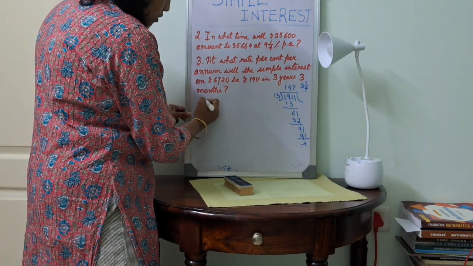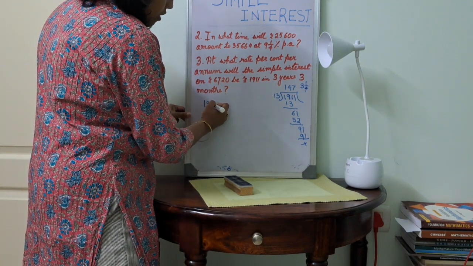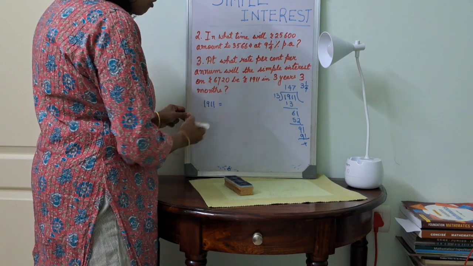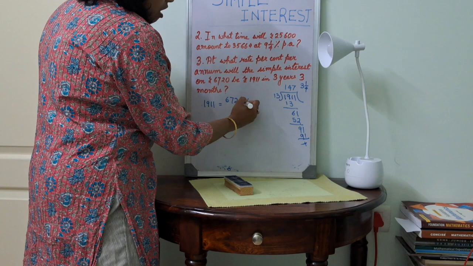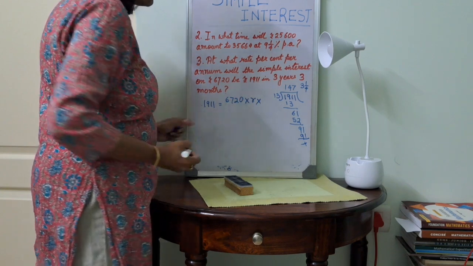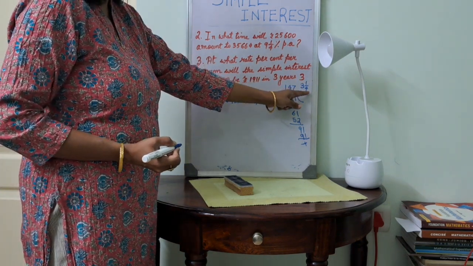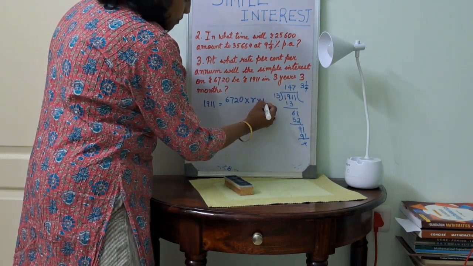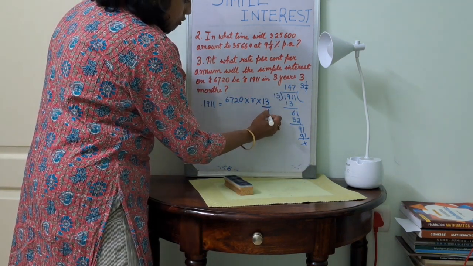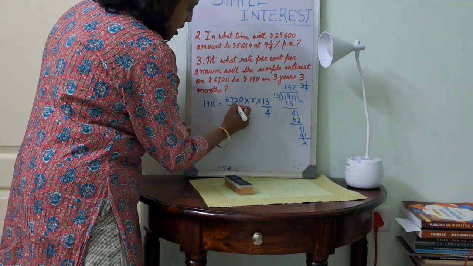So I we know is 1911 equal to P. P is 6720. R we have to find. T is 3, 1 by 4. That means it is 3 into 4, 12 plus 1, 13. 13 by 4 by 100.